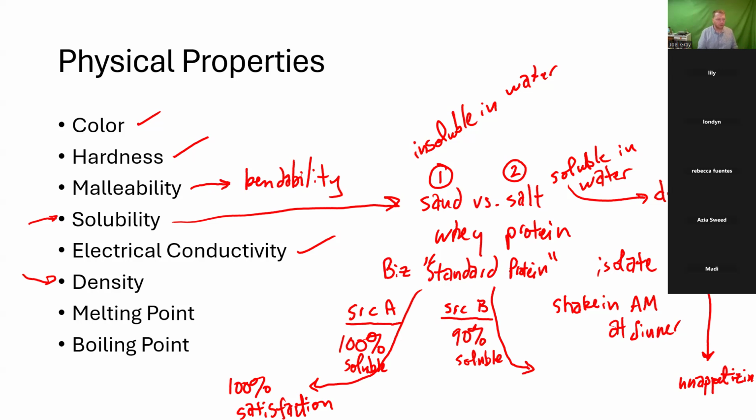No. Some people are going to be like, I was drinking my whey protein and then all of a sudden I got this chunk of powder in there, and it was disgusting. I'm never buying Standard Protein ever again because of that. So let's say at best, 95% of customers were satisfied.